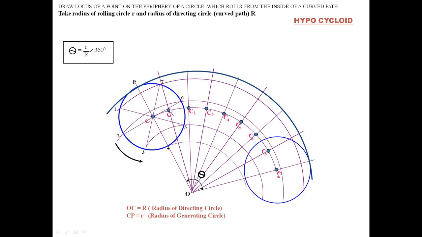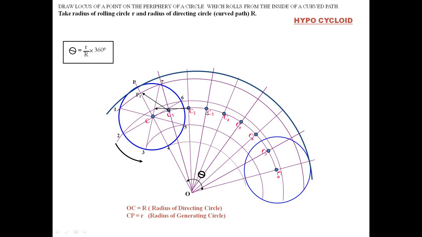So we'll take C1 as a center and radius equal to small r, and draw an arc which cuts this arc at this location. Similarly with the same radius, we'll take the center as C2 and draw an arc which will cut the arc having radius O2, here.